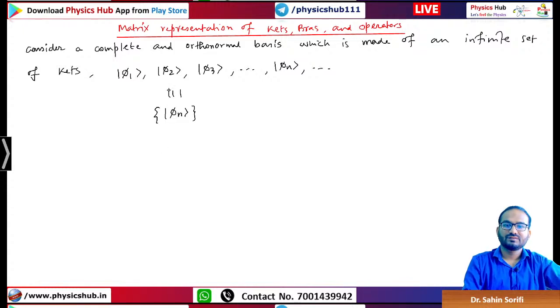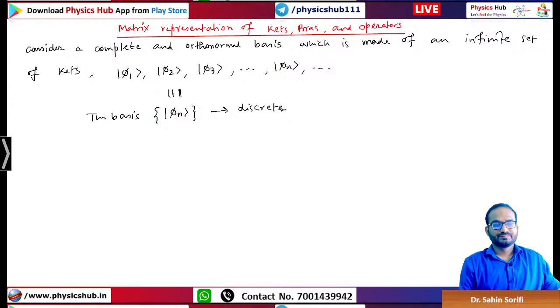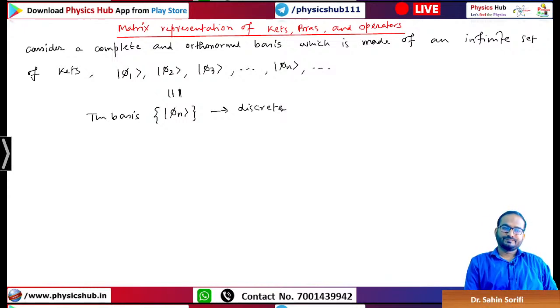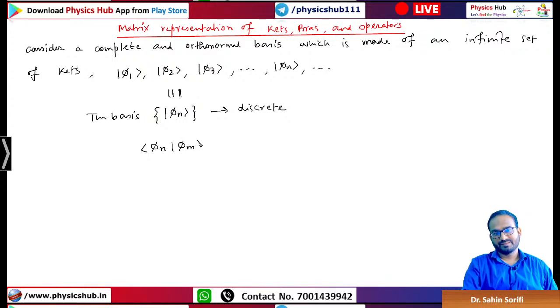Now you see, this set is discrete, phi 1, phi 2, phi 3. So you can count them. So this basis is discrete. Now remember one thing, they are orthonormal basis. So what will be the value of phi n, phi m?